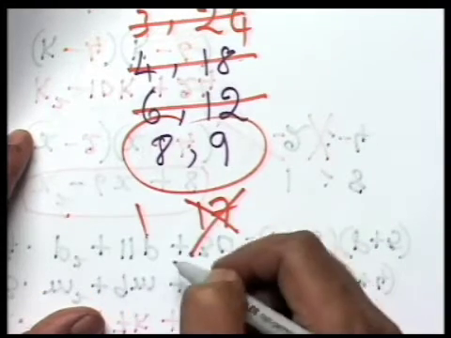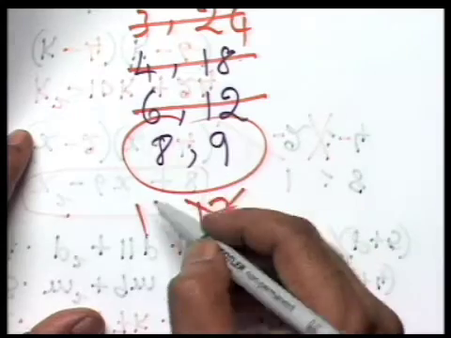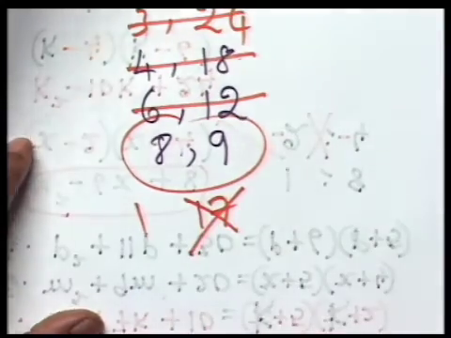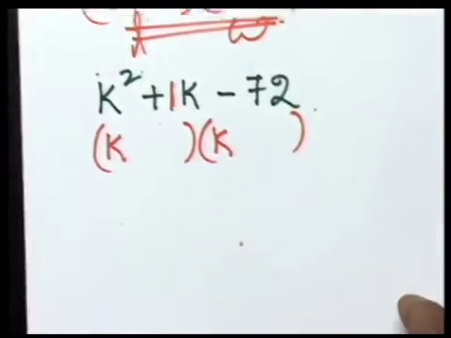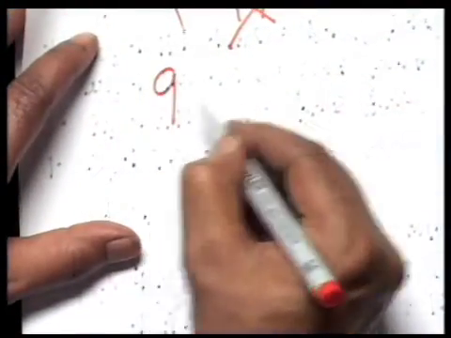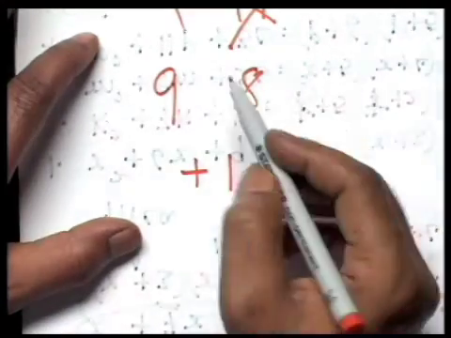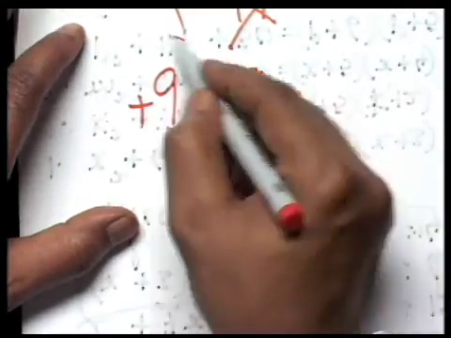I'm supposed to get a 1. So when I subtract 8 from 9 or 9 from 8, I do get 1. Maybe the sign might change. So what sign are we looking for? Plus 1. So using 9 and 8, I'm looking for a plus 1 as my final answer. What do I do? Plus 9 minus 8 gives me plus 1.